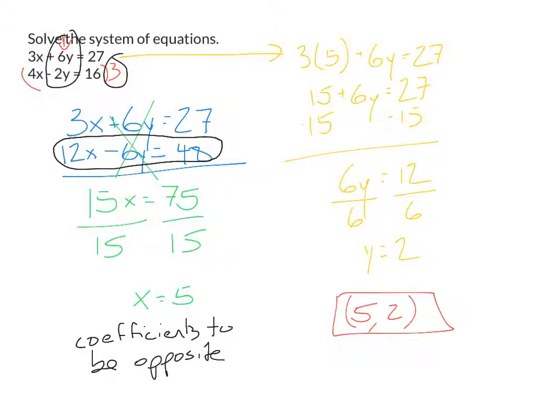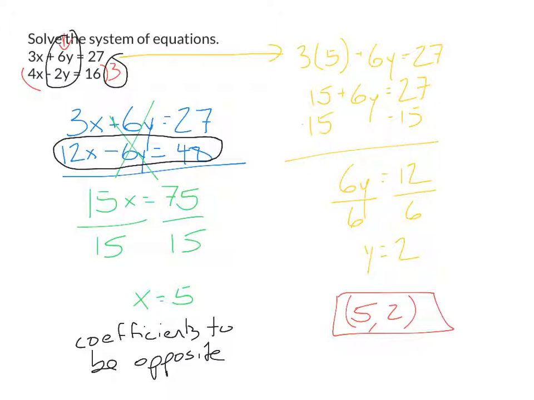So what do I have to multiply negative 2 by to make it the opposite of 6? Well, the opposite of 6 is negative 6, and negative 2 times what makes negative 6? That means I multiply by 3. But whatever I multiply by, I have to do it on both sides of the equation, which requires me to multiply it by all 3 parts.